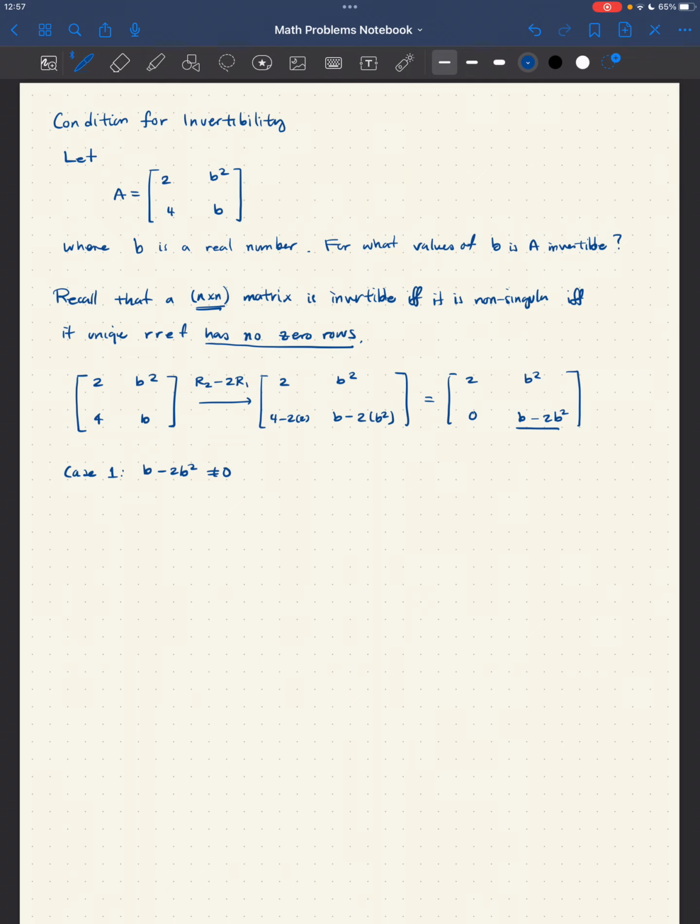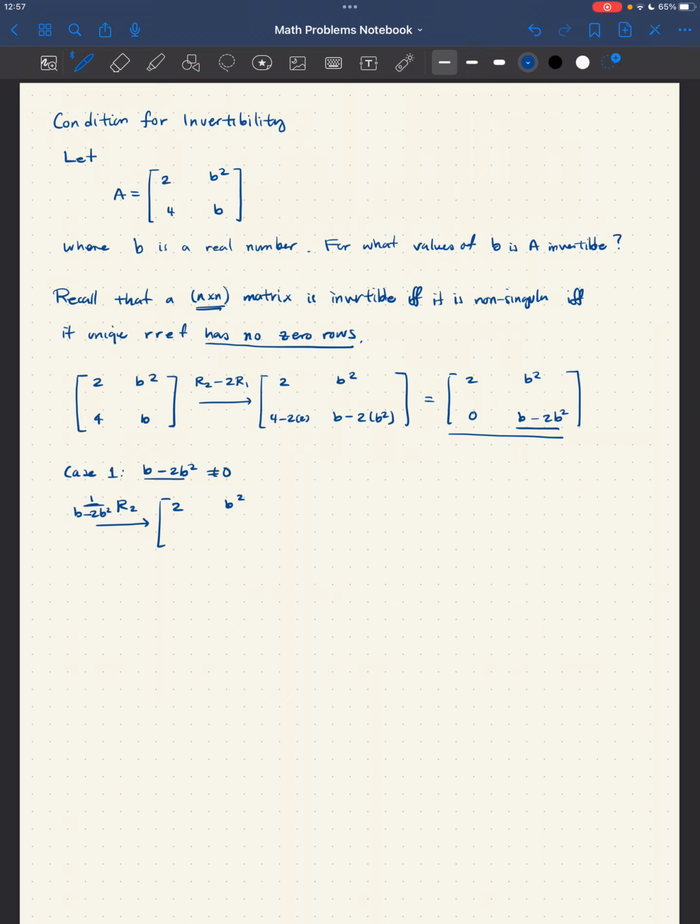Well, if that is the case, what we can do is from this matrix we perform a reduction. What reduction? I'm going to multiply row number 2 by the reciprocal of this number, b minus 2b squared, and apply it on row number 2 to get a matrix of this form.